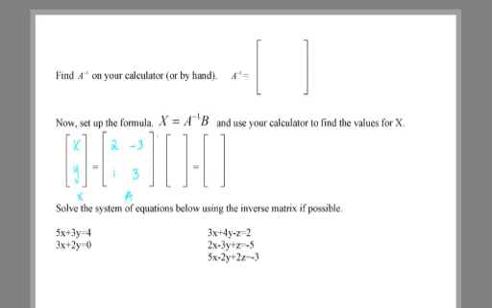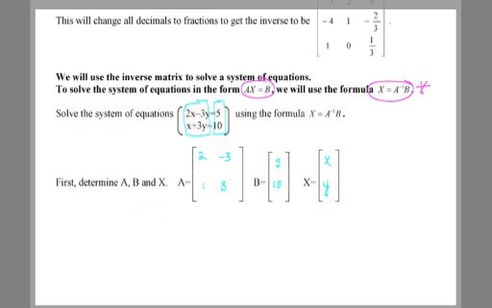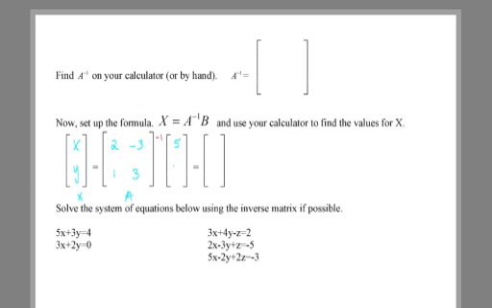Now we're going to have to take the inverse of that. Matrix B looked like 5 and 10. So matrix X is going to be equal to matrix A inverse times matrix B.